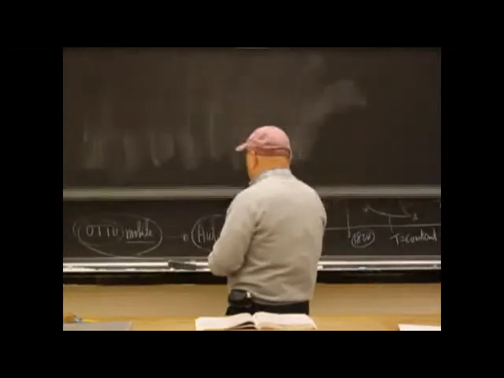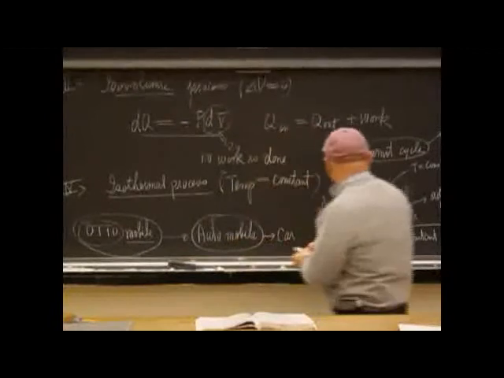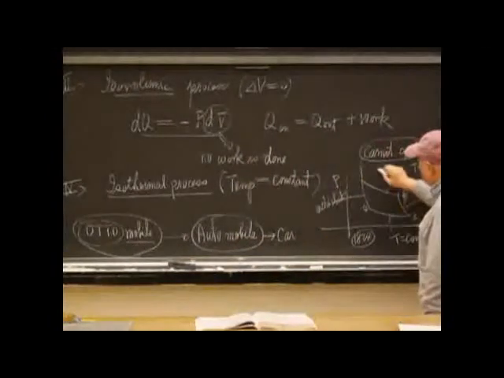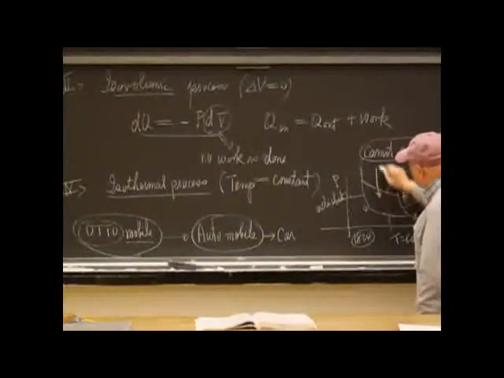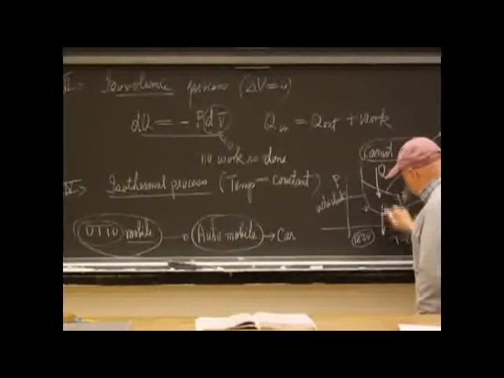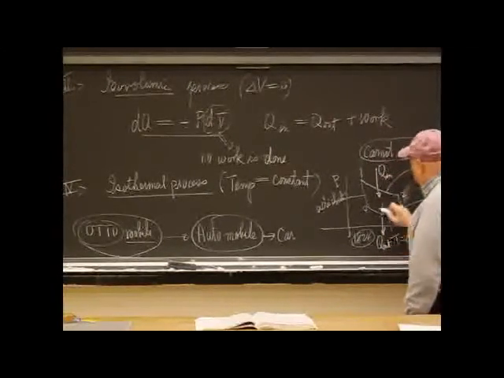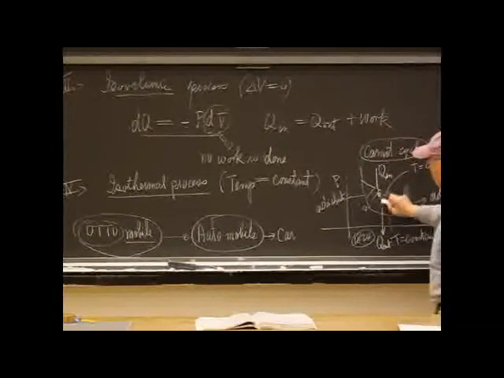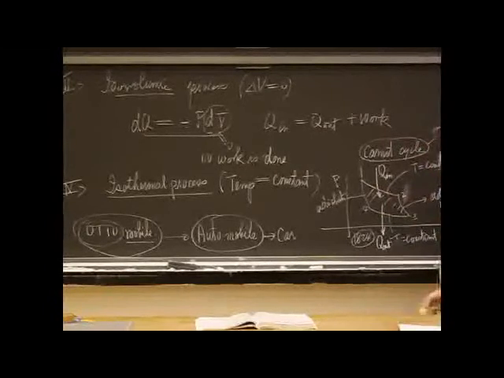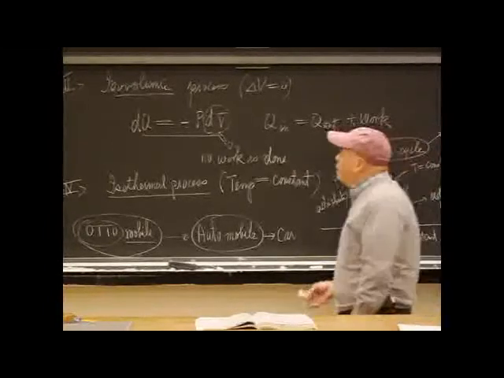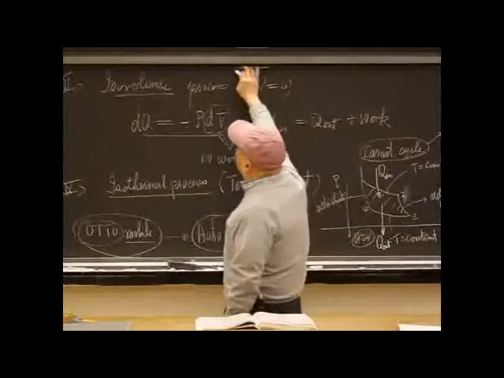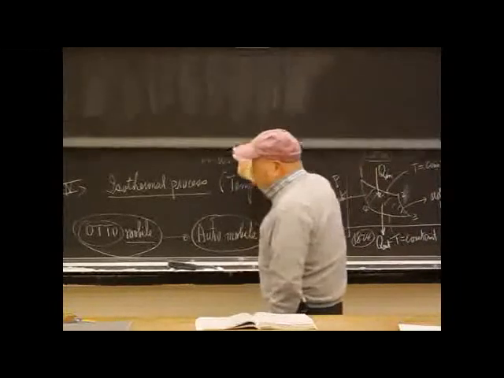By the way, in this cycle, the heat is going in here, and the heat is going out on this leg, which is Q out. In between, the work is being performed. Okay, so that is the automobile cycle.